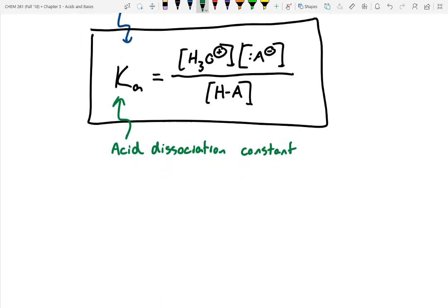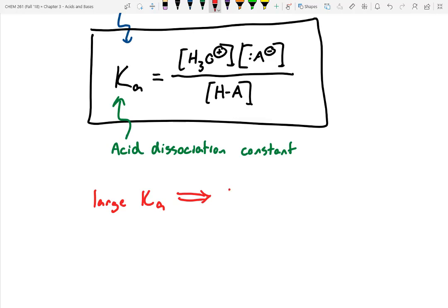All right, let's practice our math skills. Large Ka. If you have a really large Ka value, is your acid strong or weak? Strong, right? If it's really, really large as a number, that means you've got a really large numerator. That means you've got a lot of hydronium in solution.